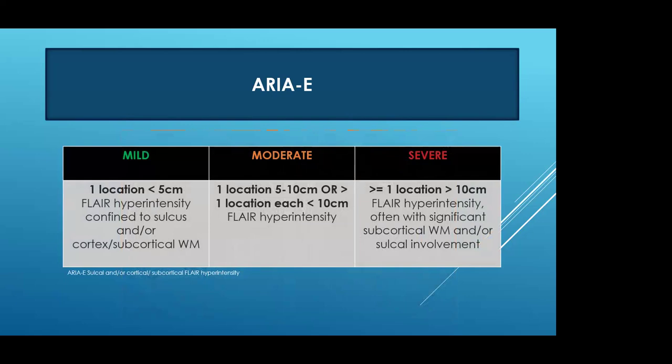And if you're talking about more than 2 locations and 2 of those are more than 10 centimeters, then this is for sure severe, right? So it will also allow you to say, you know what, this patient should probably stop the medication at this point. We can continue the medication and increase the monitoring of this patient, or we should just go back and discuss with the patient what they want to do, but they definitely need to know the risks they are taking.